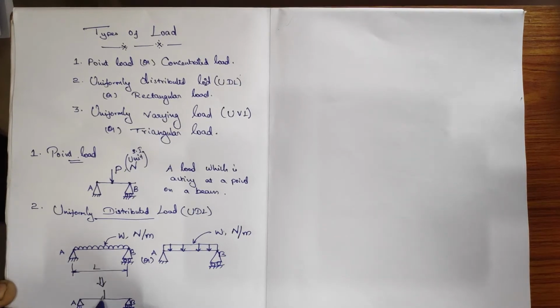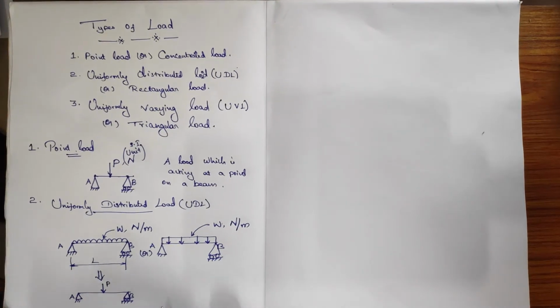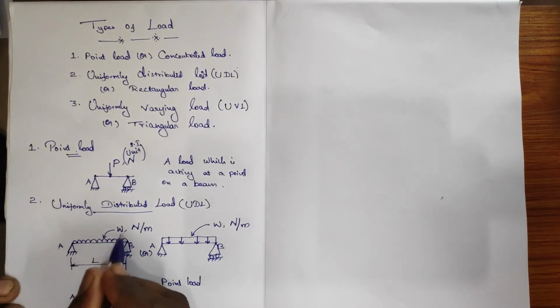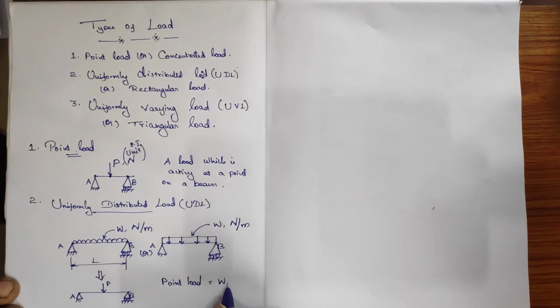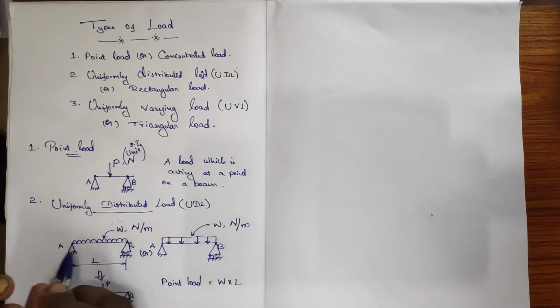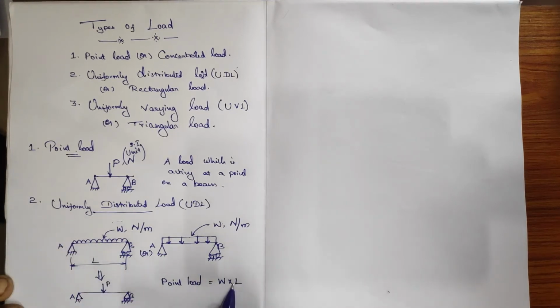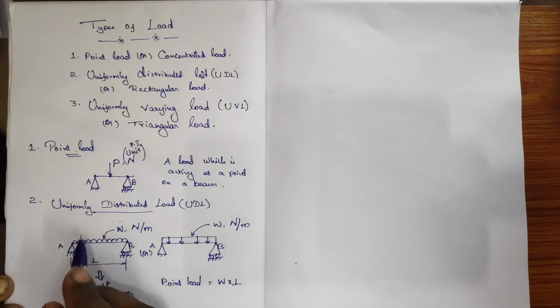If you want to replace it with a point load P, then the point load intensity should be taken as W, its load value, multiplied by the length over which it is distributed. Load into the distributed length, then we can convert the uniformly distributed load into the point load.